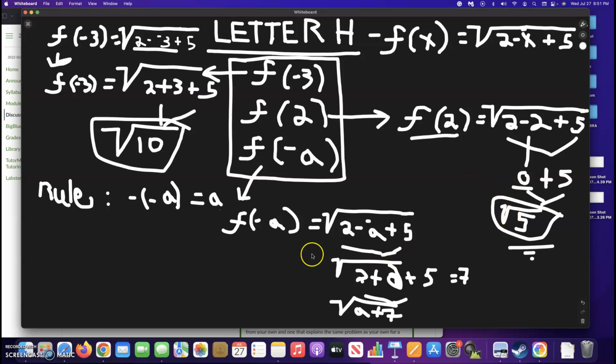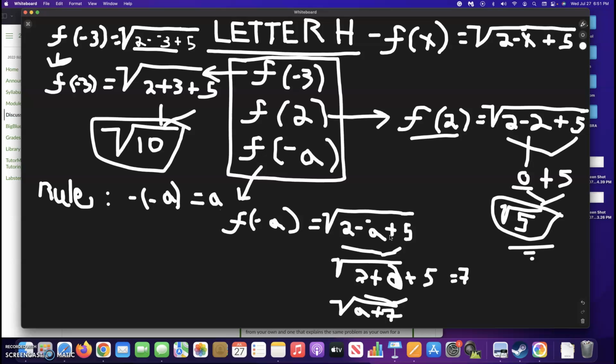And last but not least, this one was a little more tricky for me, but I figured it out. Basically, you have to do f of a. So f of a equals the square root of 2 minus -a plus 5. It got me hooked up because I was like, what does a need to be? A doesn't need to be anything.